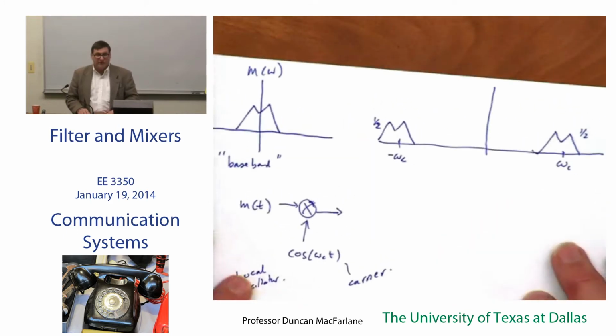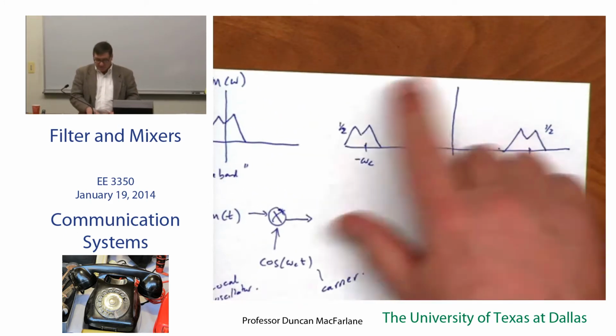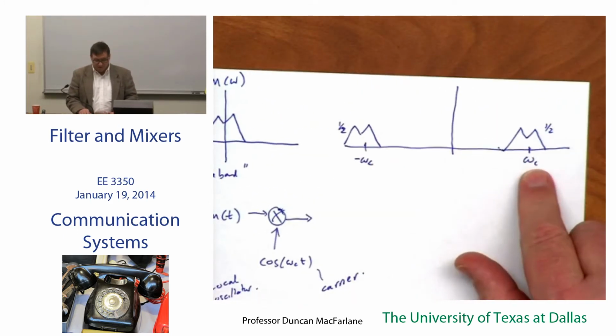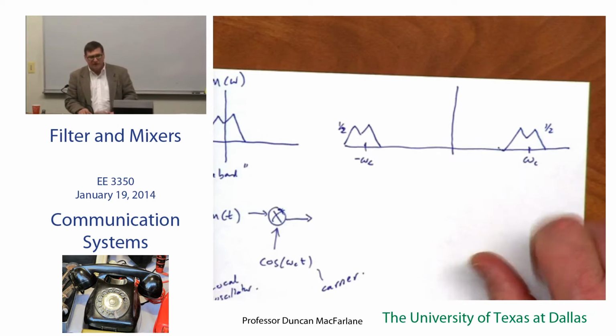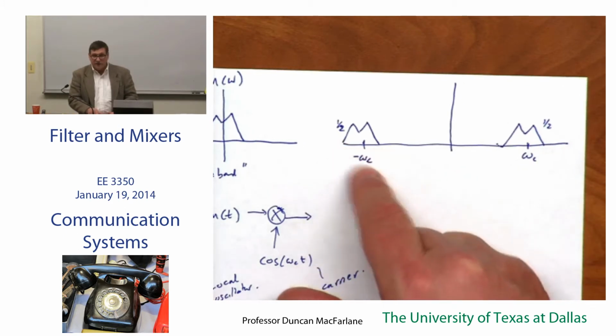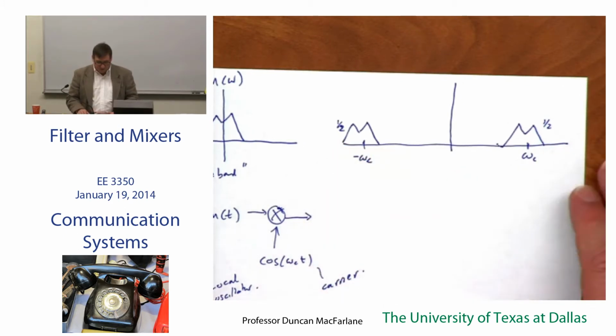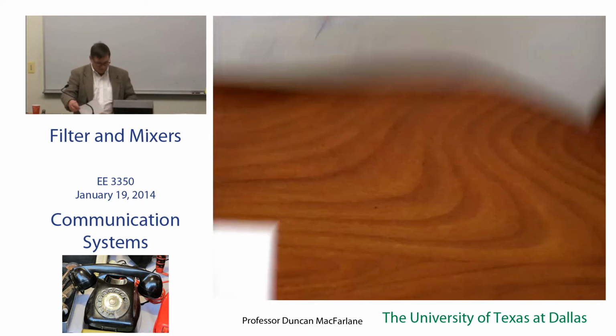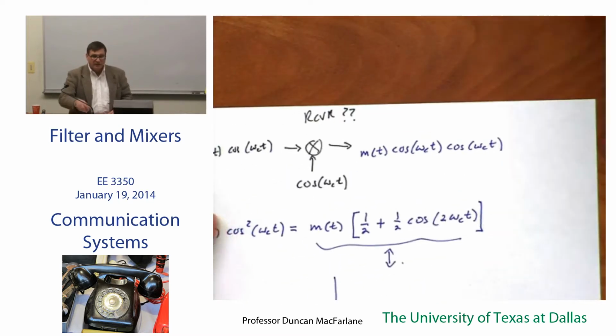Does your intuition tell you what that might look like? Yeah, it would look like this, but what would be different about it if I used the sine? It would be an odd parity. So I'd have a positive sign here, and this would be negative. Yes. That's a pretty good guess. You might want to double check that.